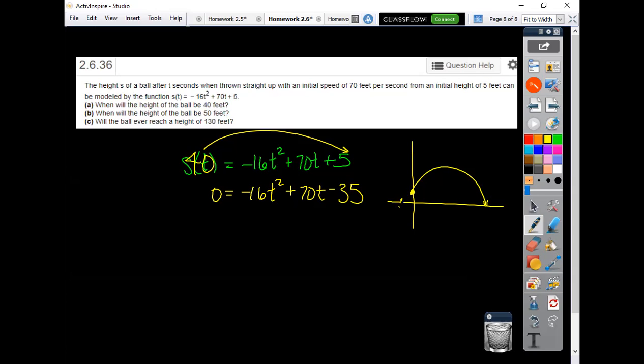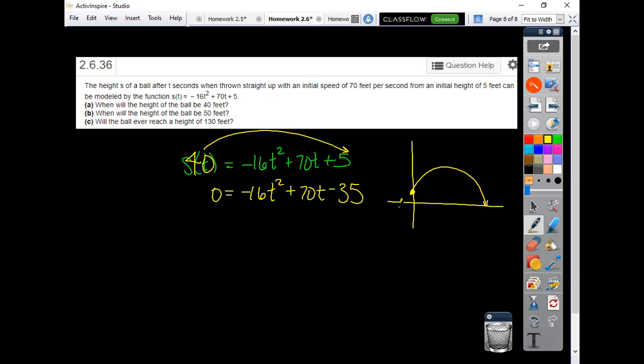I'm using a graphing calculator, putting in negative 16x squared plus 70x. We can put the plus 5 and a second equation and look for where they intersect, or we can do the minus. I'd probably do the minus 35.